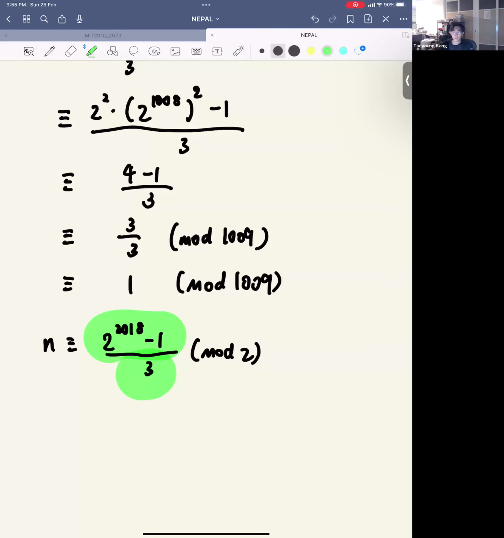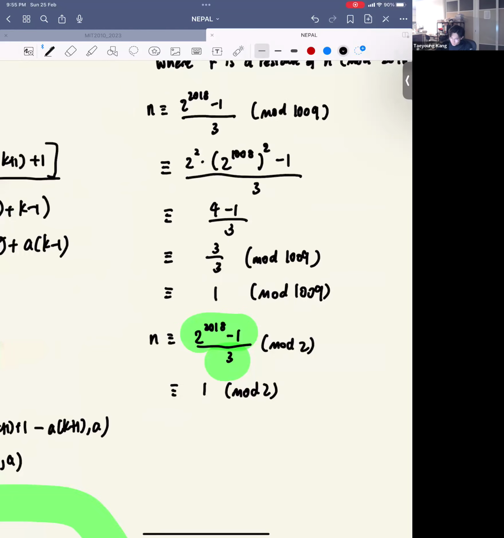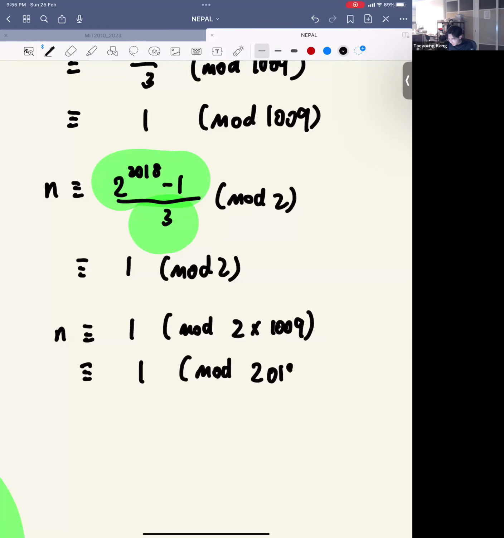An odd number also, right? And odd numbers are 1 mod 2. So these two results will basically give us that n is congruent to 1 mod 2 times 1009, which is congruent to 1 mod 2018. Correct?